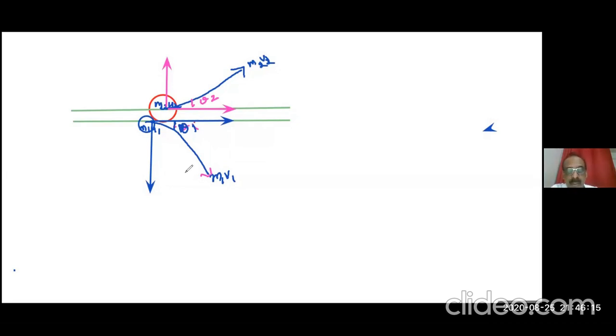After collision, the object m1 is traveling with a velocity v1 at an angle theta 1 with x-axis. As per the diagram only I am telling you, look at the diagram and write.